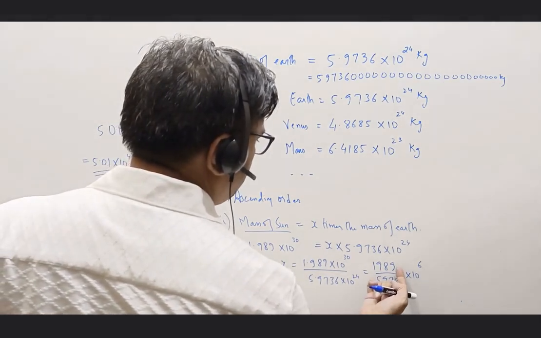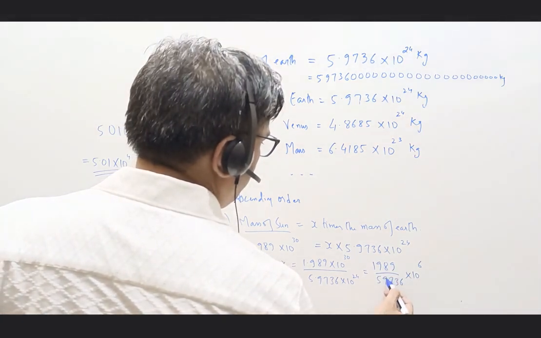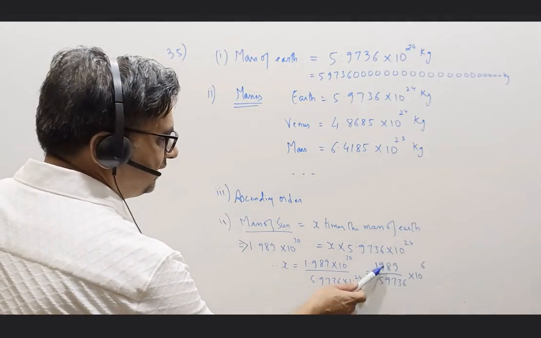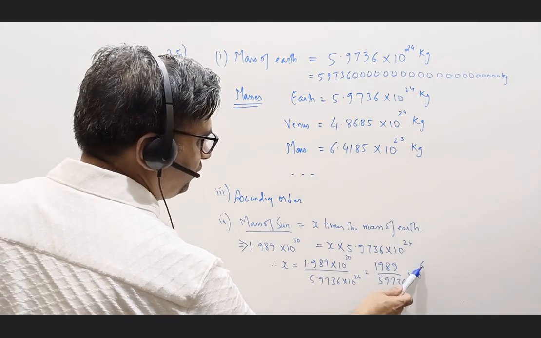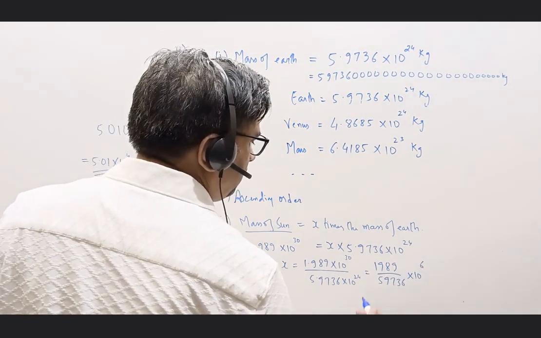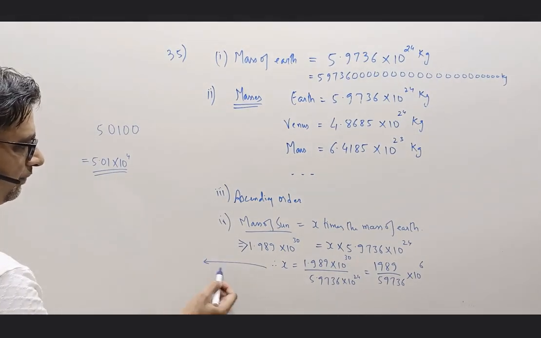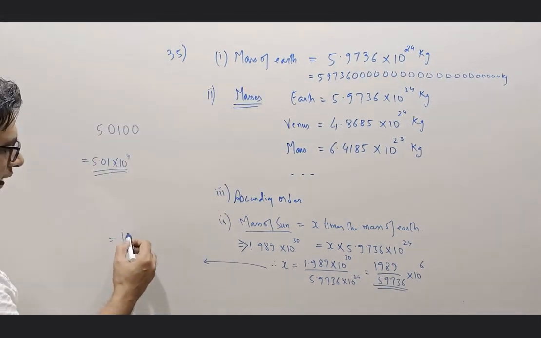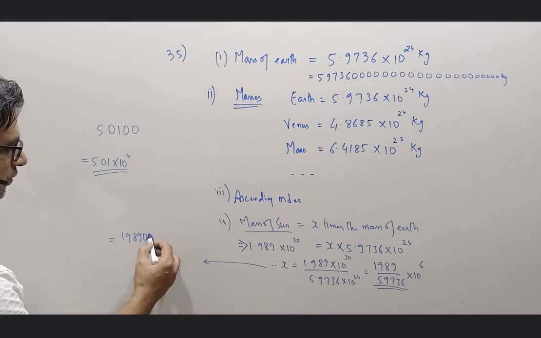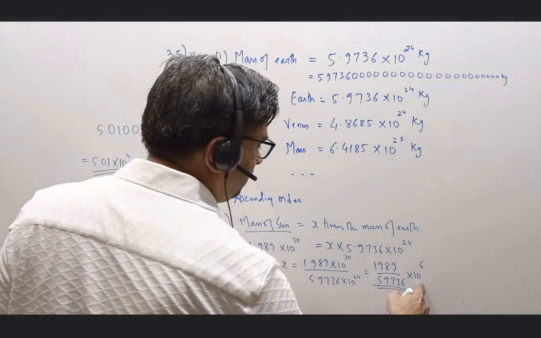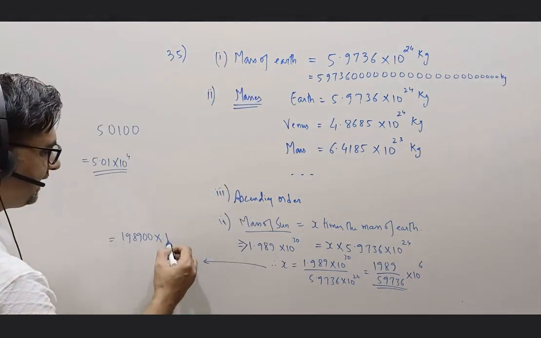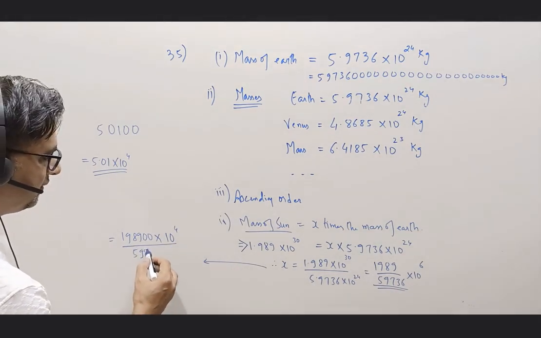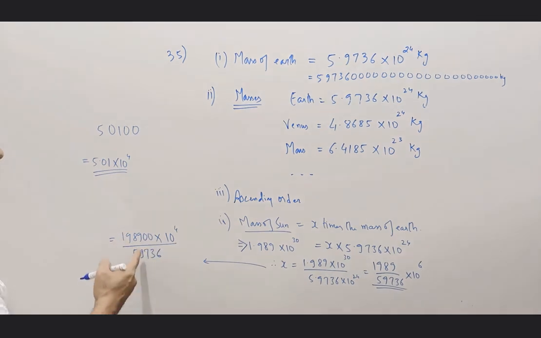To have the numerator bigger than the denominator, we need two more zeros. So let's borrow two zeros from the power. I'm continuing this here, that quantity can actually be written as 198900, and I have borrowed those two zeros from here, so I can write this as 10 to the power 4 divided by 59736. Why have I done this? So that I can divide this by this.